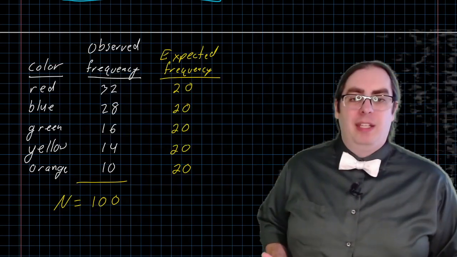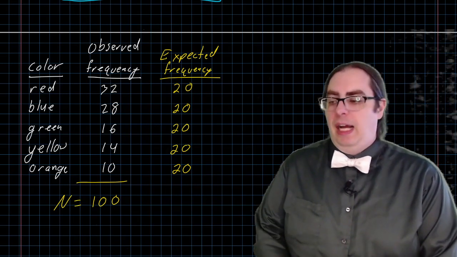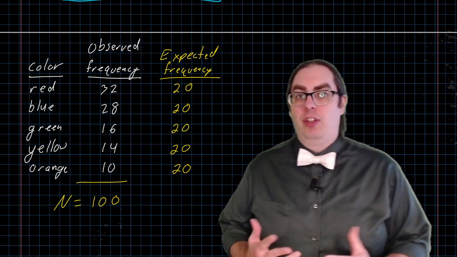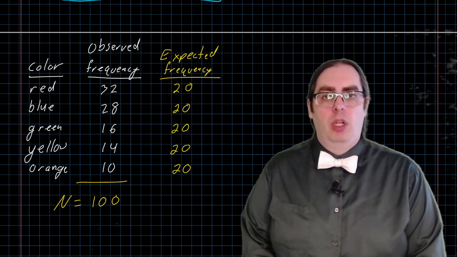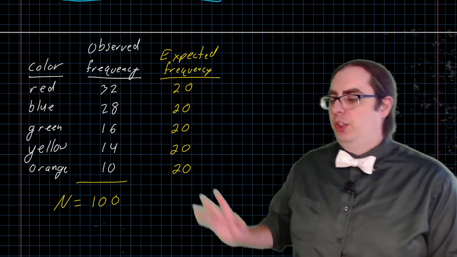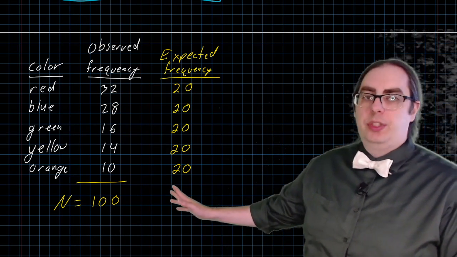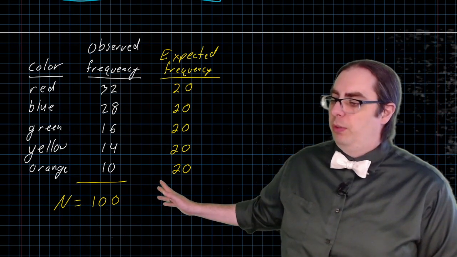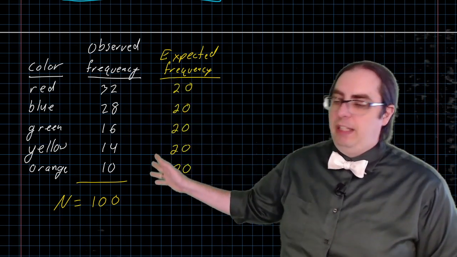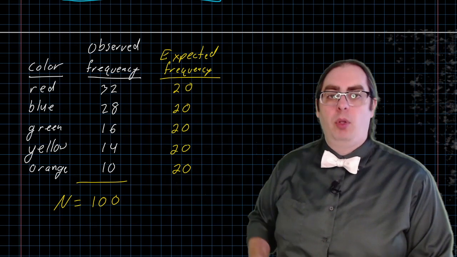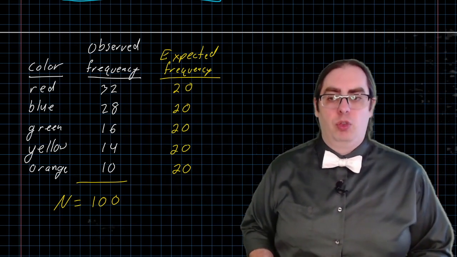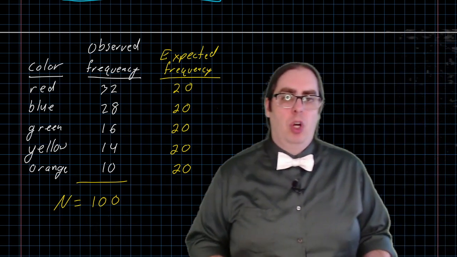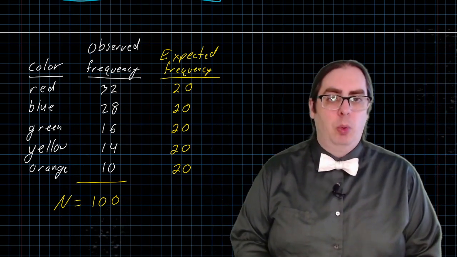Other ways we can think of this. If I didn't have the percentages, if I just said that I expected to see equal frequencies of each, I would take my 100 samples, my 100 members of the sample distribution, and divide by the 5 different categories available. 100 divided by 5 is 20, and that's another way I could have gotten this, which relies on the fact that I'm talking about equal likelihood.